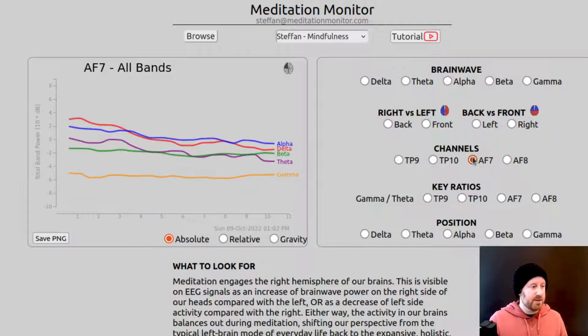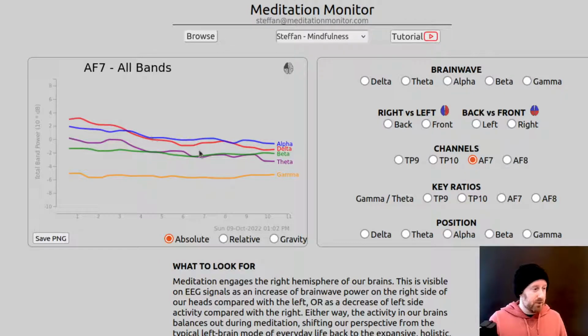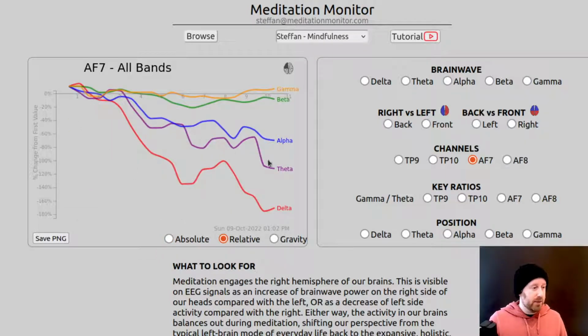That's not obvious. It's a little bit obvious on the absolute chart, but you can really see that something dramatic is happening. Like, on the absolute chart, you can tell that these are going down, but on the relative chart, it really makes it clear that it's just these bands that are going down while gamma and beta are staying the same. I find that really helpful.